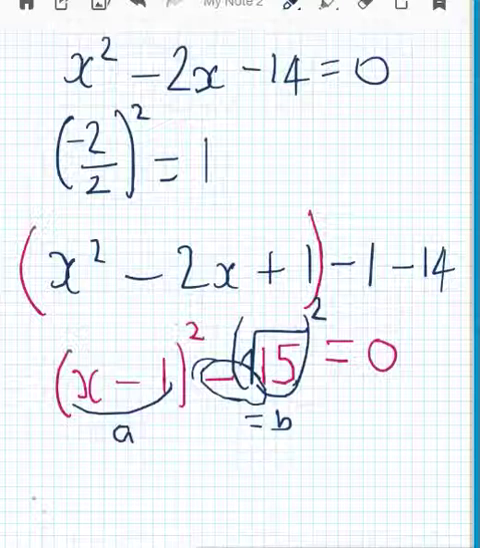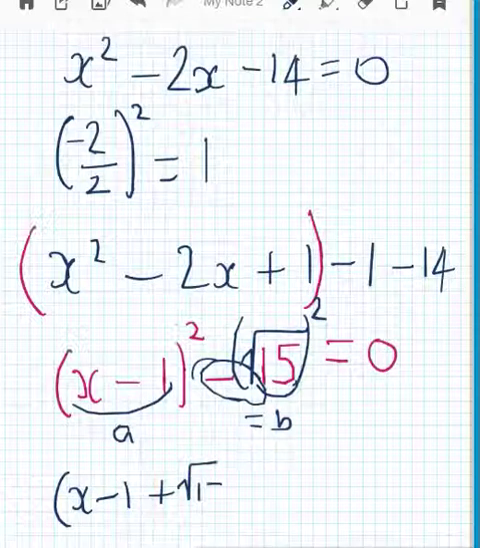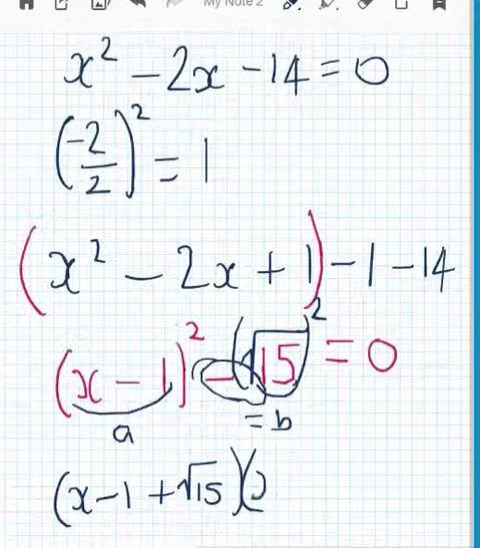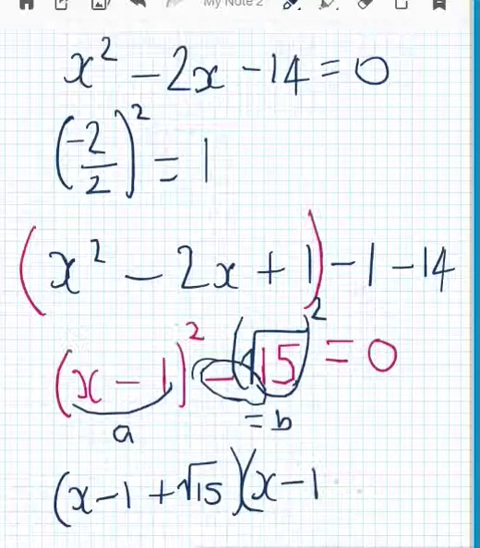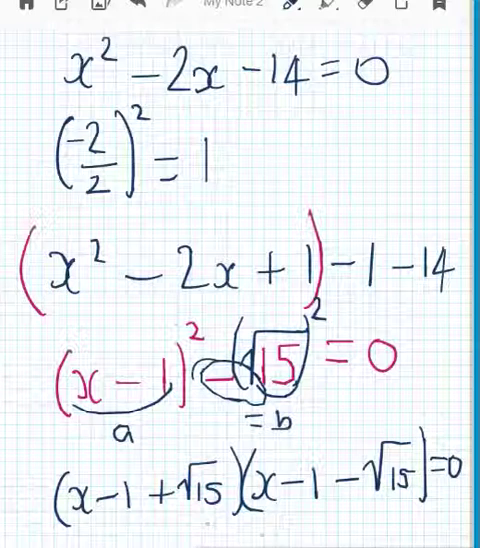Put it into our formula, so we end up with bracket, a is x minus 1 plus b, and b is the square root of 15. In the second bracket, a once again is x minus 1, and this time minus b, which is the square root of 15, and equal to 0. And if we solve each one using the null factor law, we end up with the opposite of what we see.